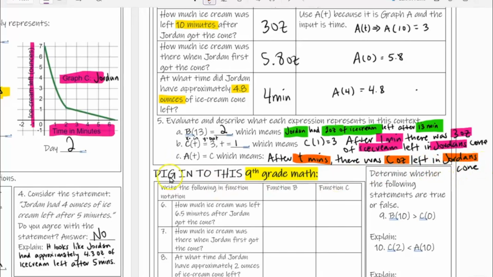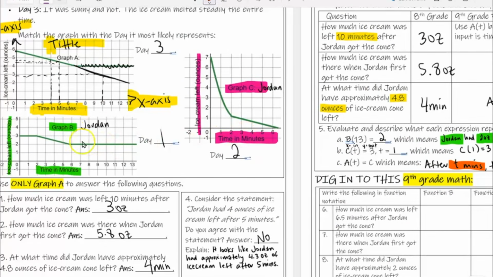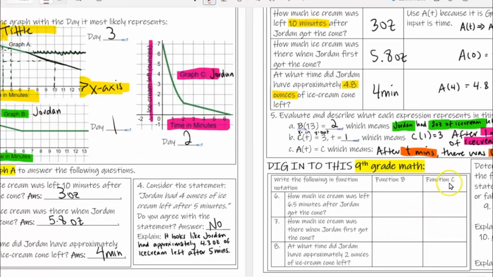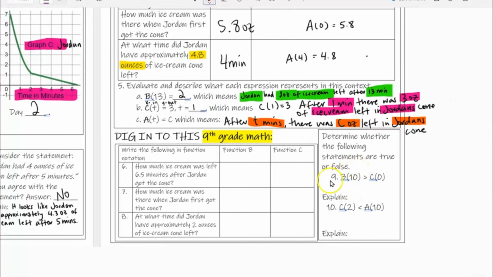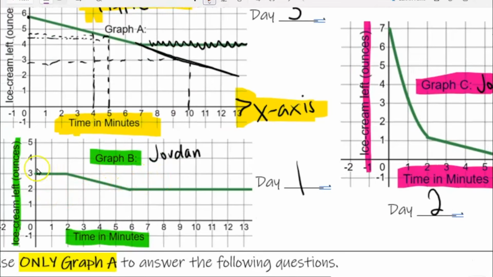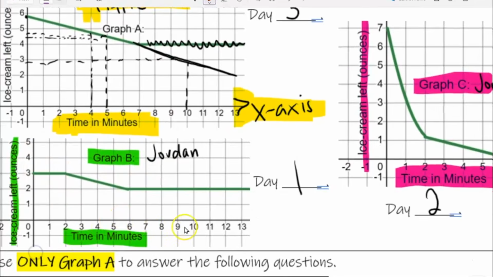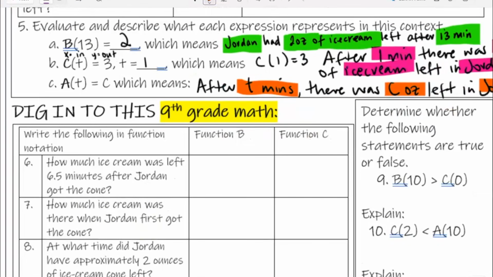All right, so we're going to dig into 9. You can fill this out. Just keep in mind that this one is for function B, so you're looking at graph B, and this one is for function C, so you're looking at graph C. I'll do one of these. This is just comparing. B of 10 means I look at graph B and I look for 10. B of 10 is equal to 2.